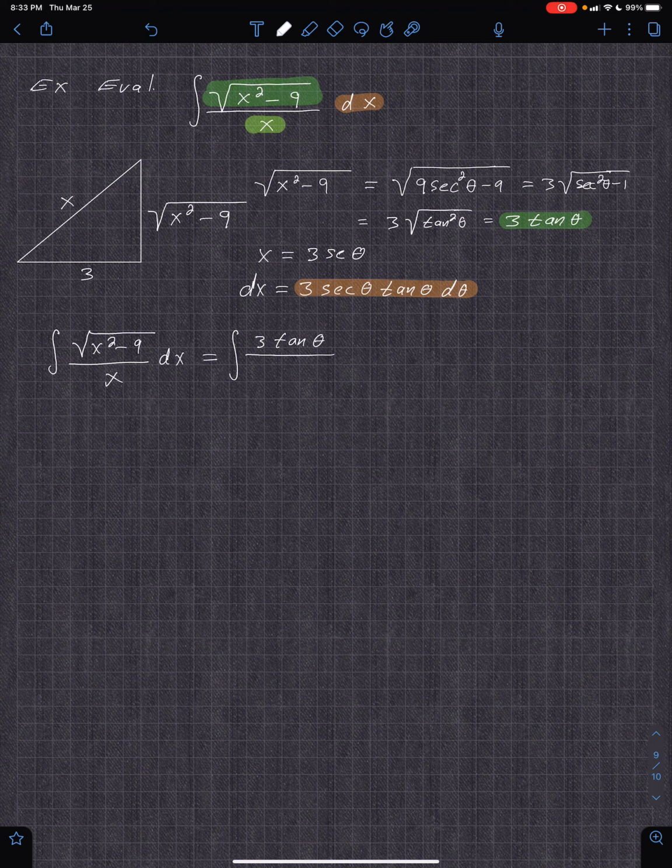Okay, so that's better. 3 secant theta. So the derivative of secant is secant tangent. Not tangent. The derivative of tangent is secant squared. Okay, so now we have that better finally. So now my root is the 3 tan, and my x is 3 secant theta. And then substitute for your dx, 3 secant theta tangent theta d theta.